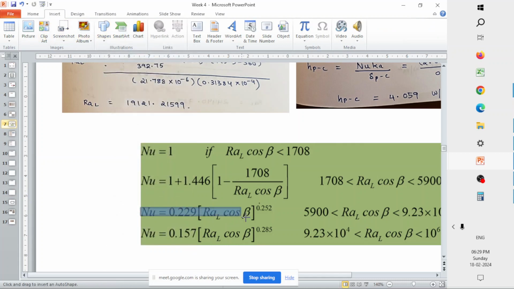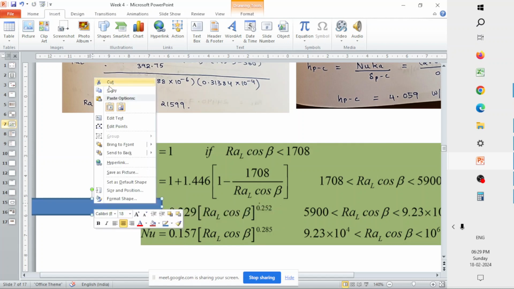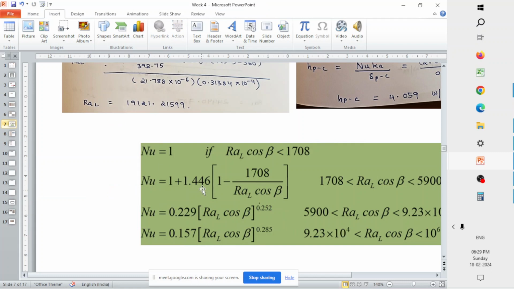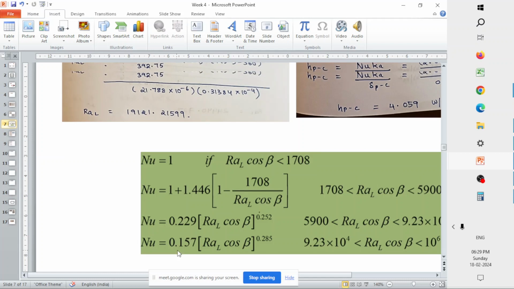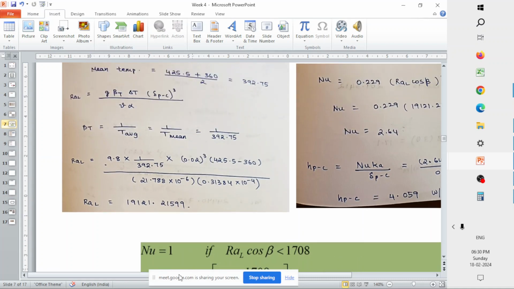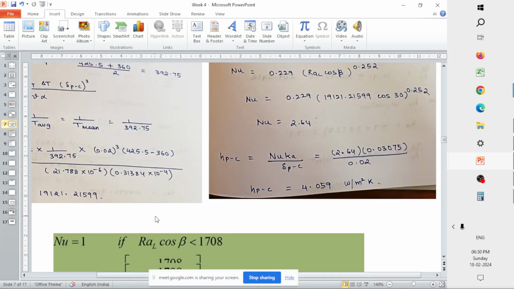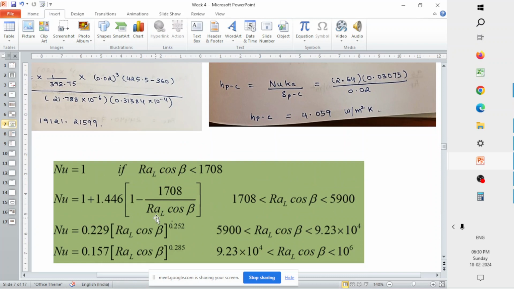So this particular term Nu, that is your Nusselt number, is equal to 0.229 times (RaL cos beta) to the whole power 0.252. So we have to use this expression. These will be given to you because these are correlations, derived from literature after many experimental findings.